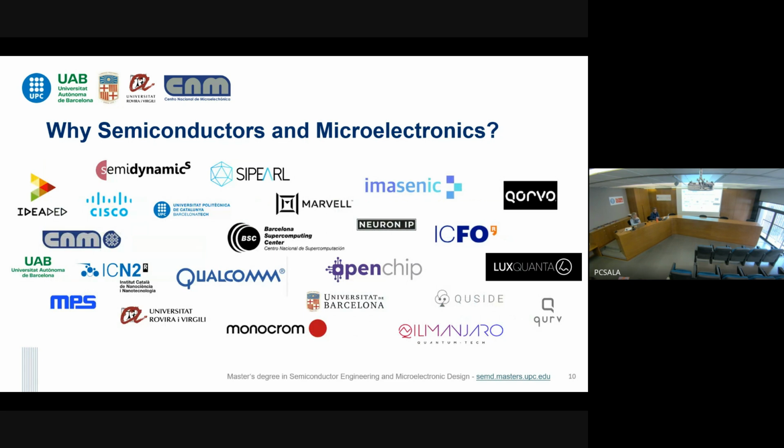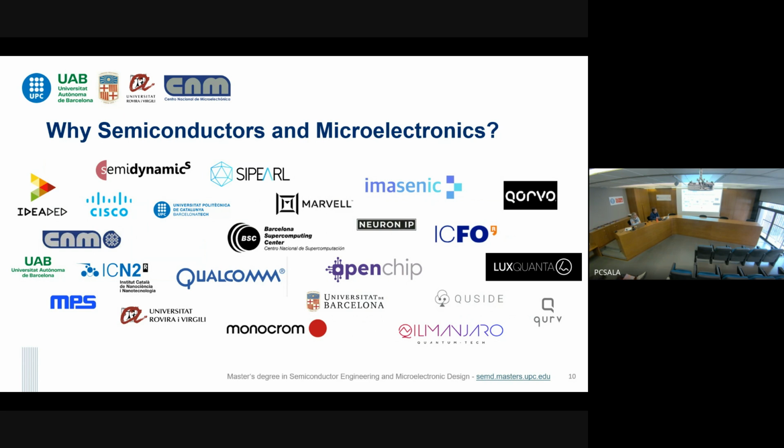In Barcelona, besides the universities that are promoting this master, we have the Barcelona Supercomputing Center, a very prestigious research center on computation and processor design, actually. We have the CNM, Bellaterra, with the longest tradition on IC design, and also we have a wide room for IC, for semiconductor manufacturing.